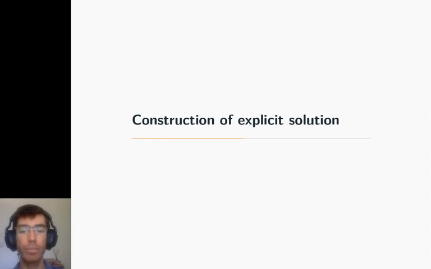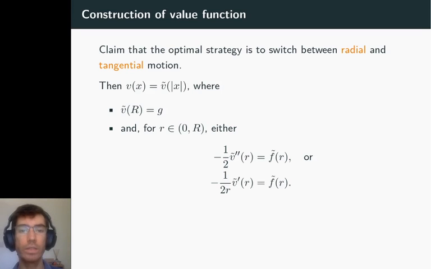So to prove this claim, what we do is we construct a candidate for the value function and then verify that this is indeed correct. So since we're in a radially symmetric environment, we expect that the value function should only depend on the radius. And we also have this external boundary condition here.